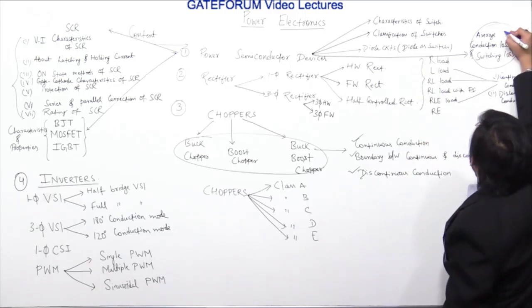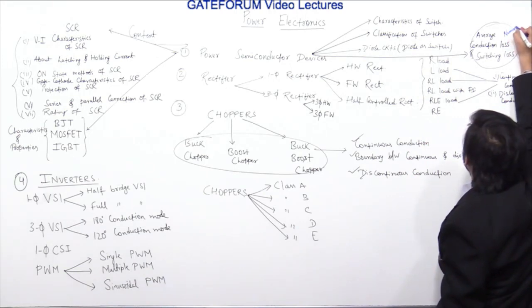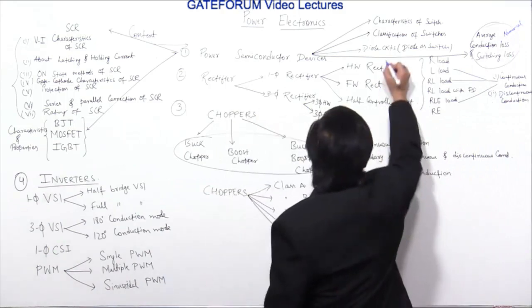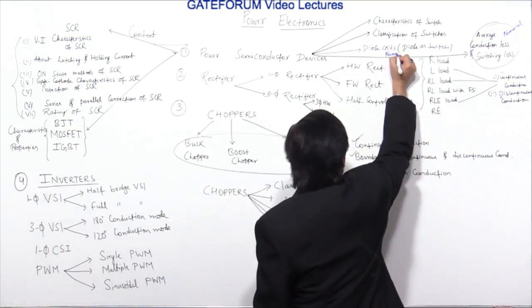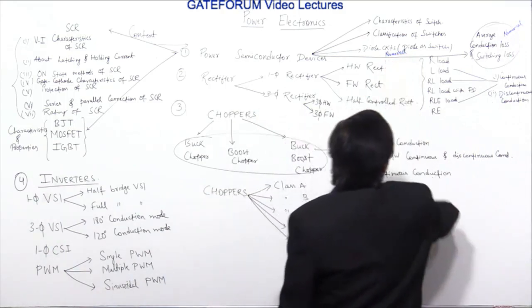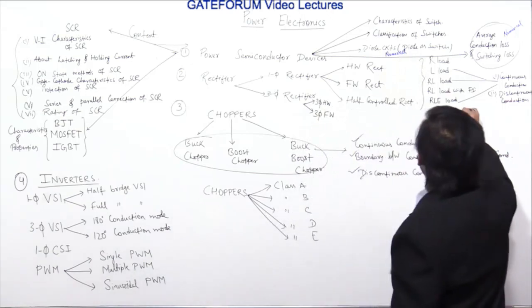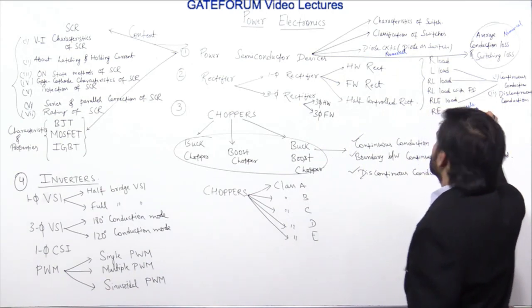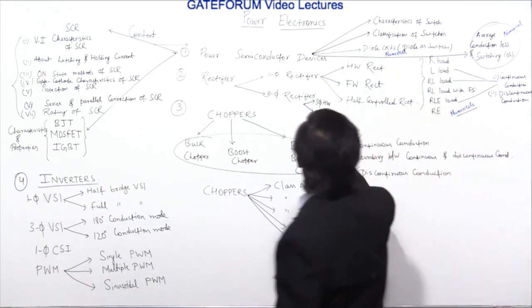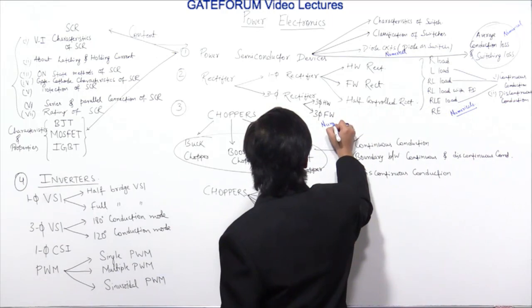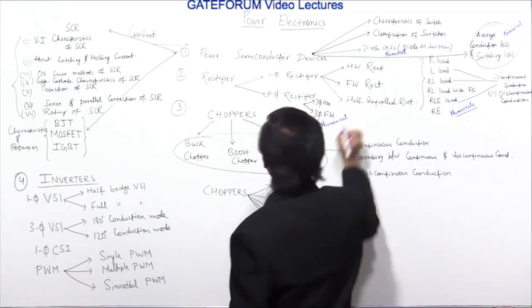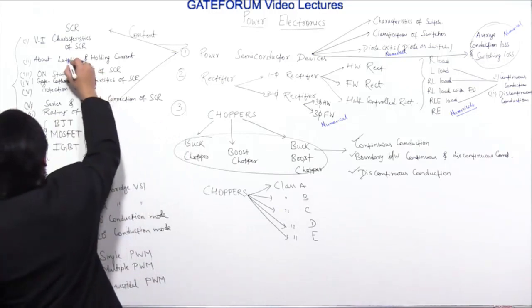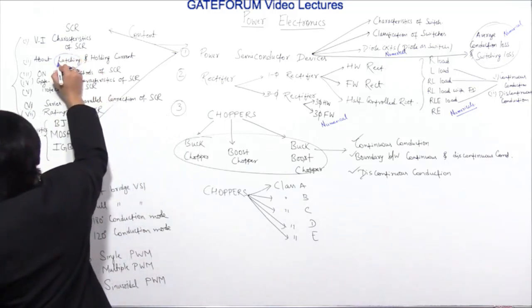So numericals belong to this area, and this area, and this area. Then numericals belong to this area only, latching.